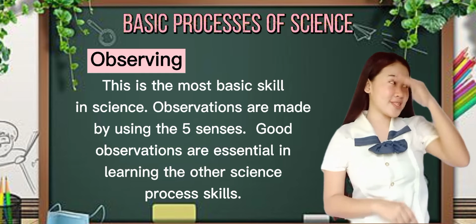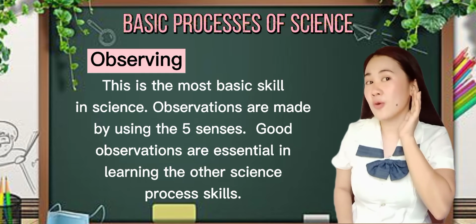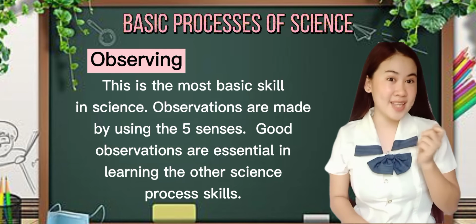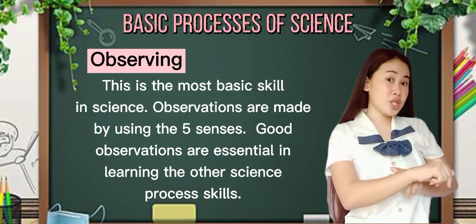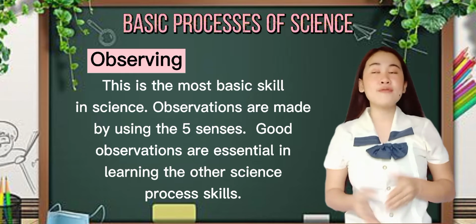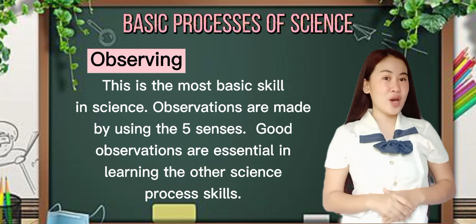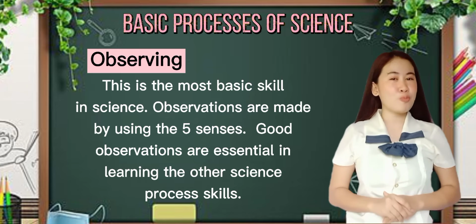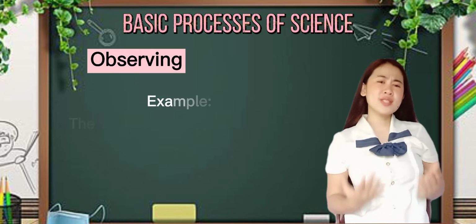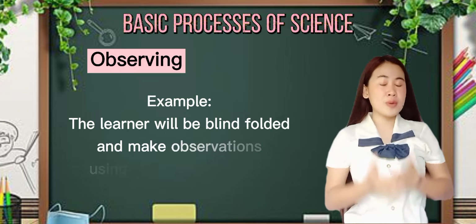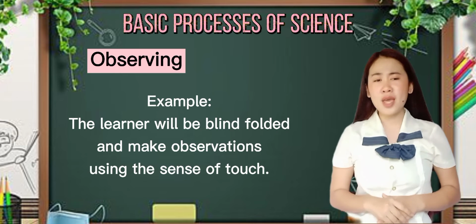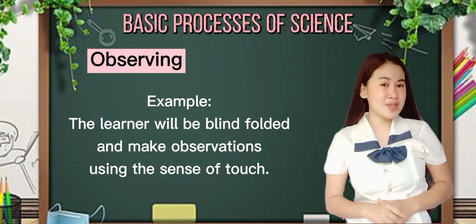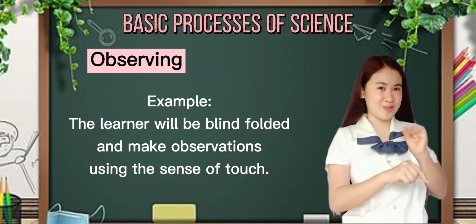The sense of sight, the sense of hearing, the sense of taste, the sense of touch, and the sense of smell. Good observations are essential in learning the other science process skills. For example, the learner will be blindfolded and make observations using the sense of touch.